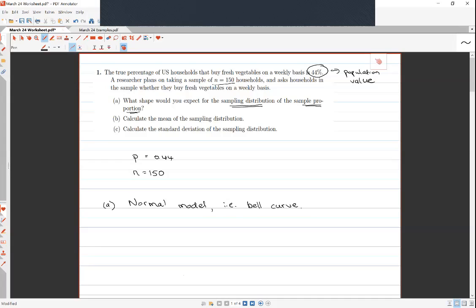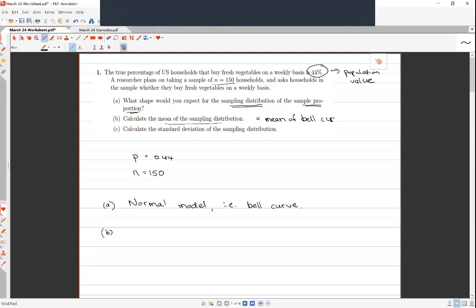There's going to be variation. But what you'll see is if you plot all those different proportions is something that looks a whole lot like a bell curve. What do we know about this bell curve? What do we know about its mean and about its standard deviation? Well, the mean of the sampling distribution is just the mean of the bell curve.